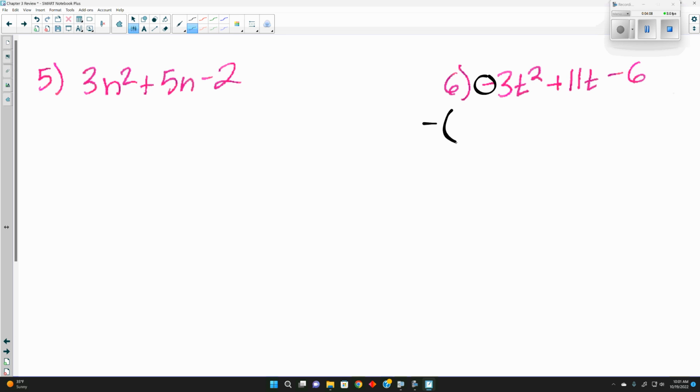If there had been a number that was in common with it also, I would have pulled it out too, because I want to try to keep the variable that's being squared positive. So 3 factored out of -3t squared is just going to be 3t squared. When I factor a negative out of positive 11t, it's going to become -11t. And when I factor a negative out of -6, it becomes positive. When we factor a negative out, we're flipping all the signs.